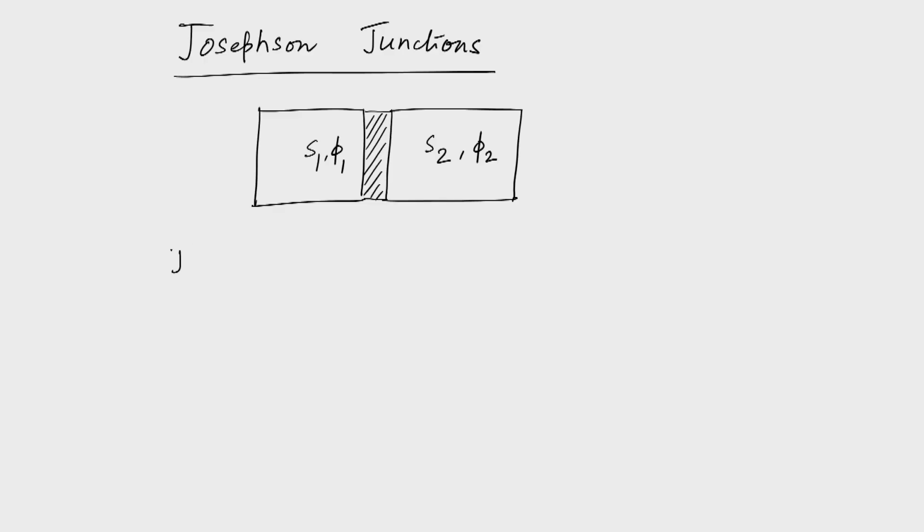There is another situation in which the current actually oscillates with very high frequency, and that is known as the AC Josephson effect.